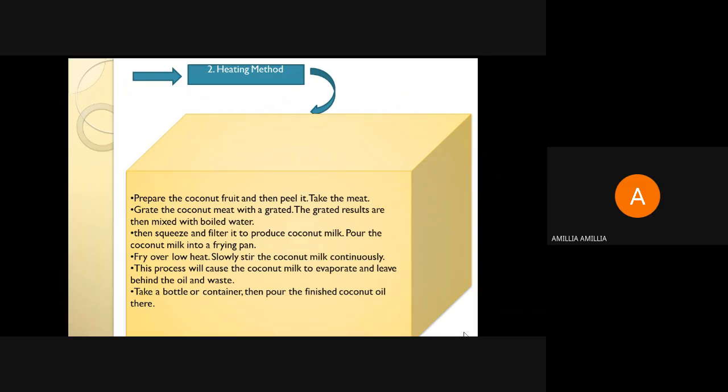Pour the coconut milk into a frying pan. Fry over low heat. Slowly stir the coconut milk continuously. This process will cause the coconut milk to evaporate and leave behind the oil and waste. Take a bottle or container, then pour the finished coconut oil there.